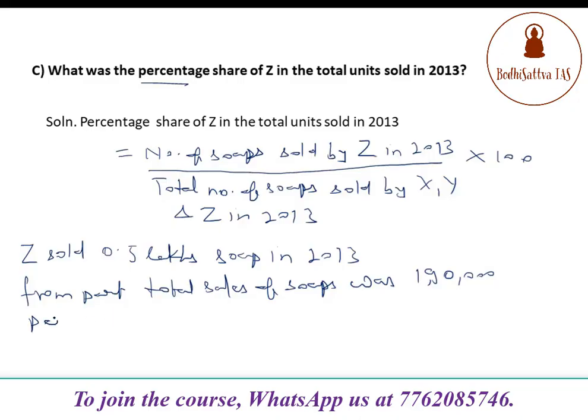So the percentage will be the number of soaps sold by Z, that is 0.5 lakhs, divided by the total sales of all the companies, 1.9 lakhs, times 100.